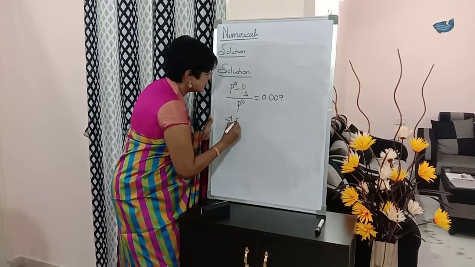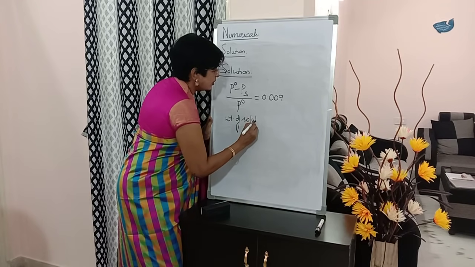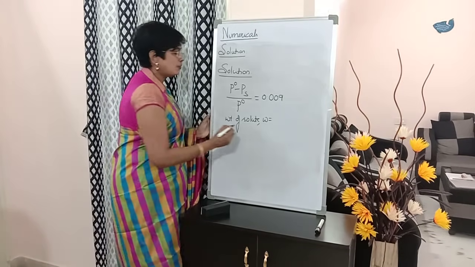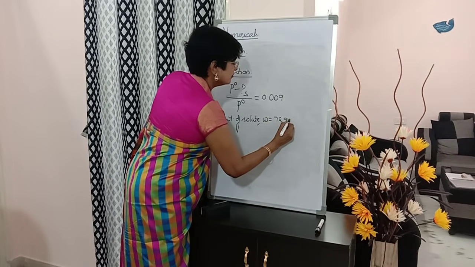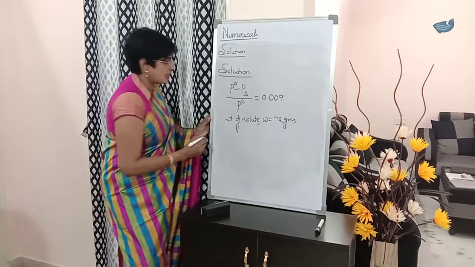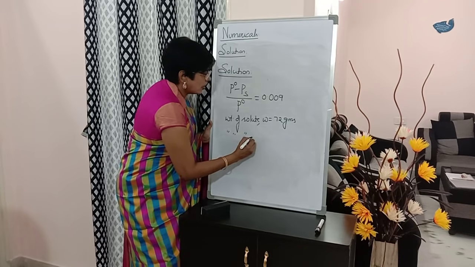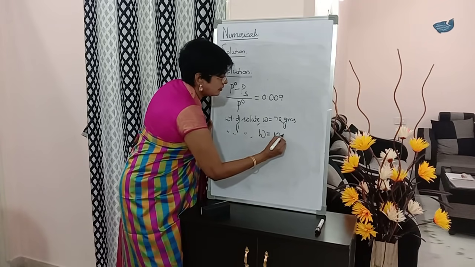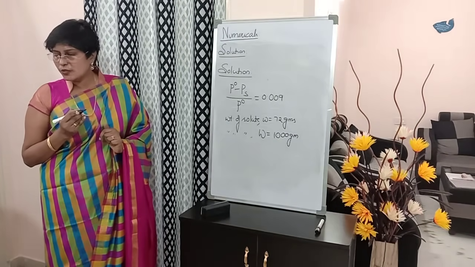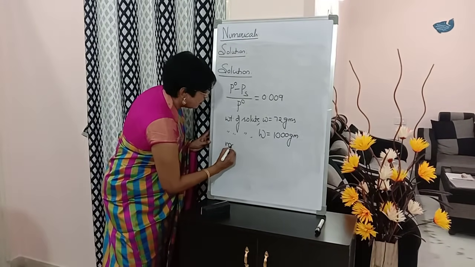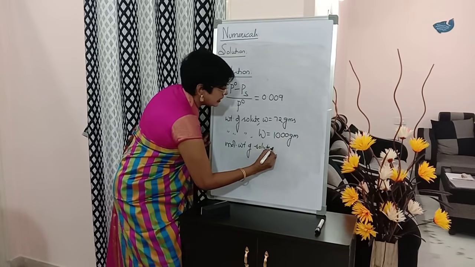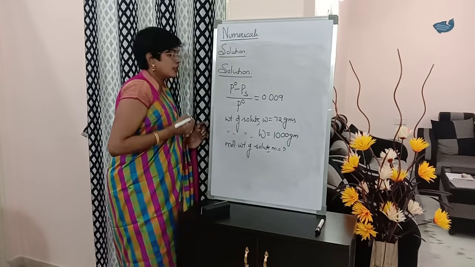Weight of solute or weight of substance denoted by small w is equal to 72 grams. Dissolved in how much of water? 1000 grams of water. So, weight of solvent, capital W, is 1000 grams. Now, what is to be calculated? Molecular weight of solute, that is small m, is equal to question mark.